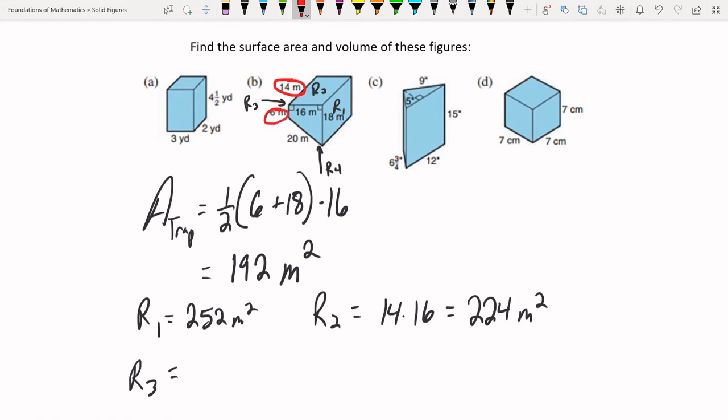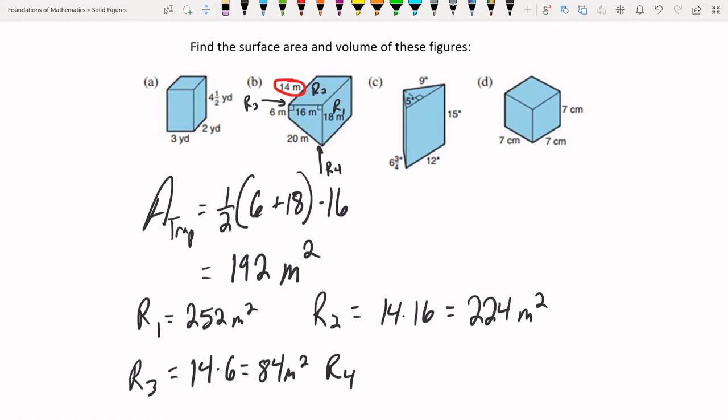You just try and picture moving the trapezoidal prism around to see that. It's a long, thin rectangle on the very top there. So we have 14 times 6, which gives us 84. And this is, of course, in meters squared.